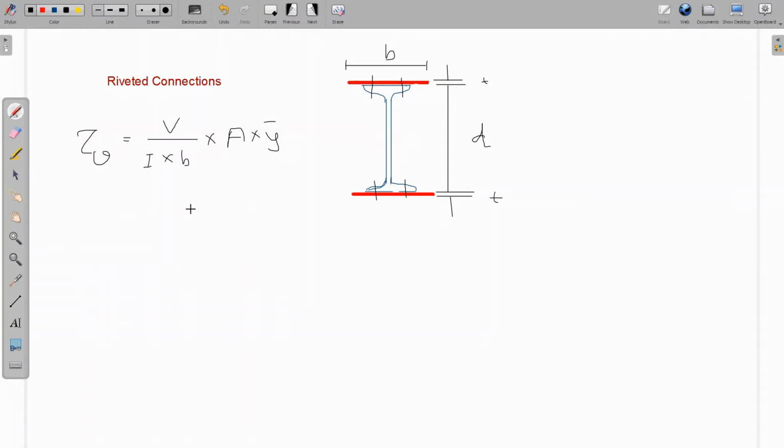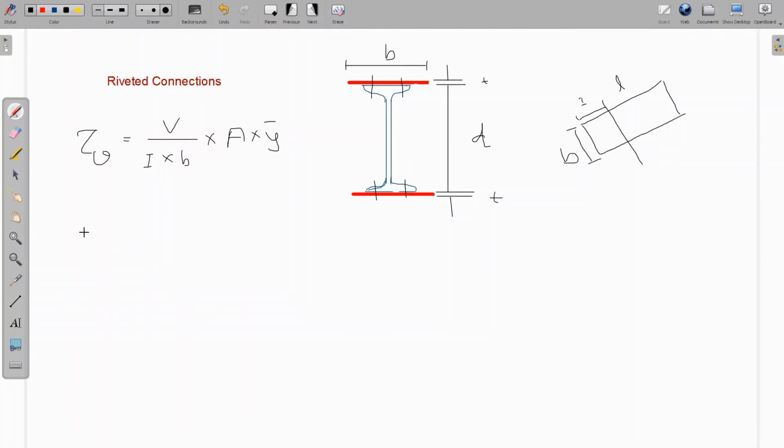Now suppose I want to know the horizontal shear force per unit length of the beam. This is the stress, so I am interested in finding it per unit length of the beam. So I have to multiply this with the area of this plate in the other direction. This plate is B wide and has some length L, but I am taking per unit length, so I am taking a simple length of 1 unit.